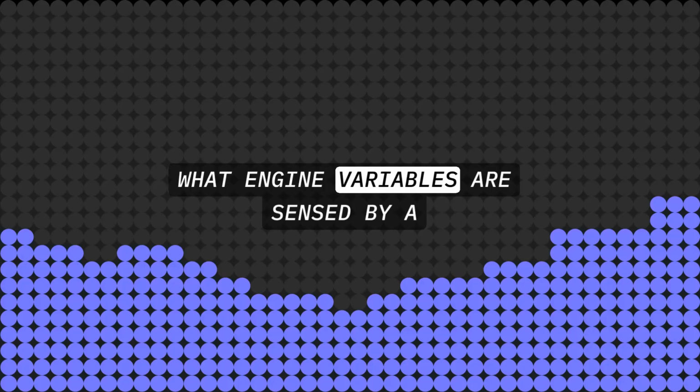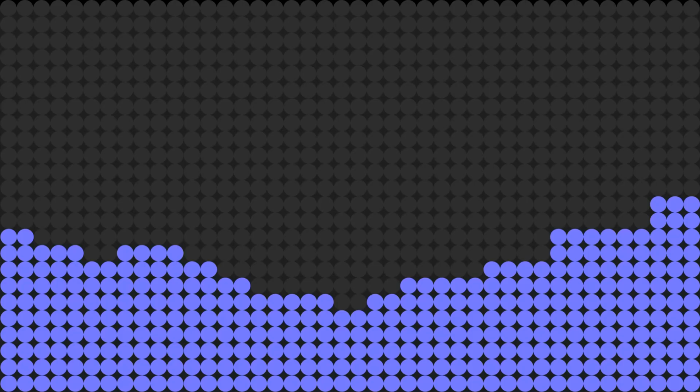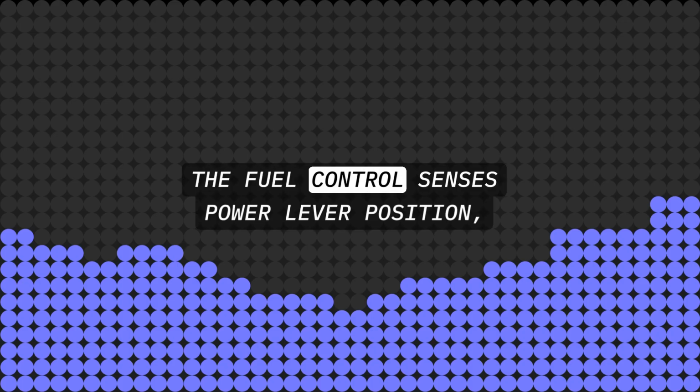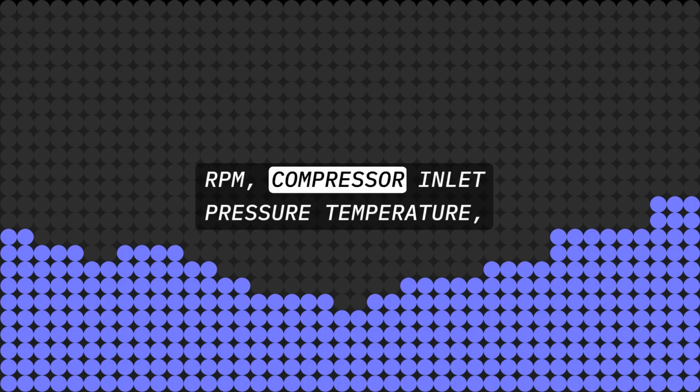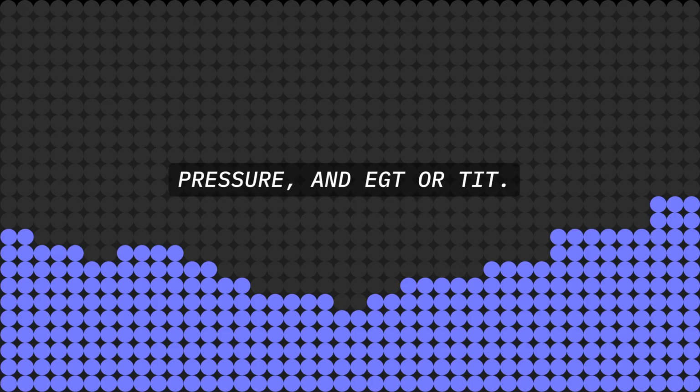What engine variables are sensed by a hydromechanical fuel control? The fuel control senses power lever position, RPM, compressor inlet pressure and temperature, burner pressure or compressor discharge pressure, and EGT or TIT.